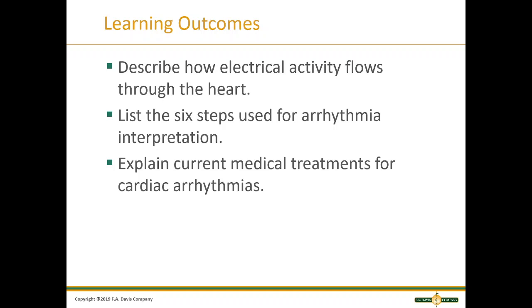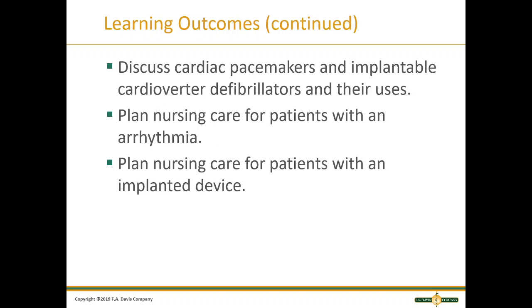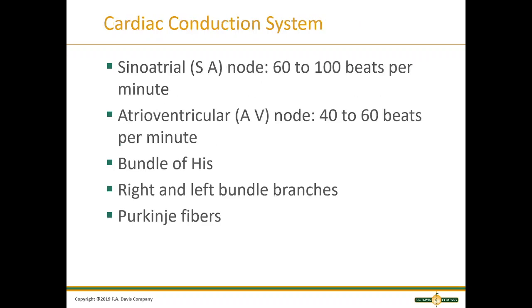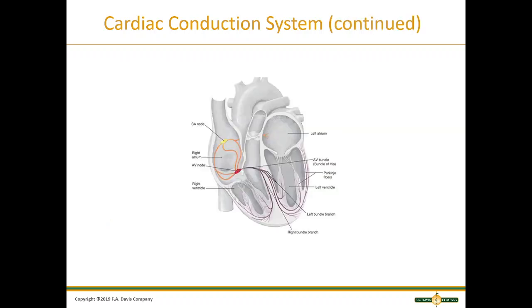The electrical conduction of the heart is what we're going to be talking about and discussing, and EKGs are used for detecting the rate of the electrical impulses of the heart.